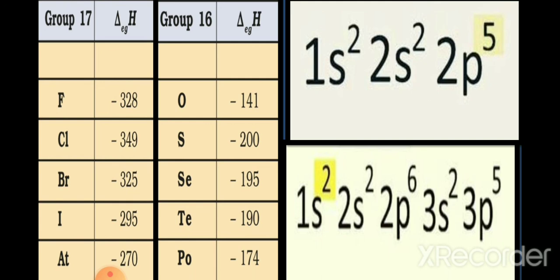Whereas in the case of chlorine, the electron is added in the third shell or the 3p orbital. The 3p orbital is larger compared to the 2p orbital. Since the 3p orbital is larger, the added electron will experience lesser electron-electron repulsion. So that is the reason why chlorine can easily add an electron or gain an electron compared to fluorine. So chlorine has more negative electron gain enthalpy compared to fluorine.